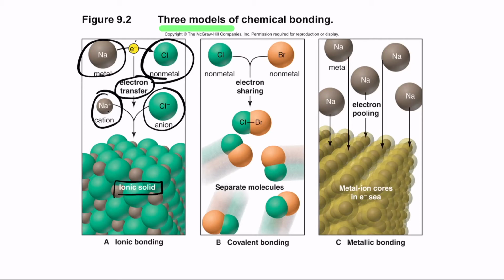The next type of bonding is non-metal bonding, where we talk about non-metal and non-metal. The non-metals do not donate electrons, but rather share electrons among them, resulting in the formation of a covalent bond. In an ionic bond, the structure is generally crystalline, meaning that the ions themselves bond together to create a crystal-like structure.